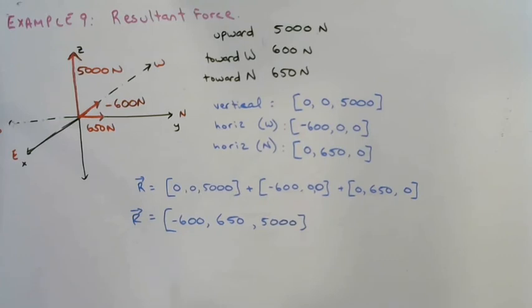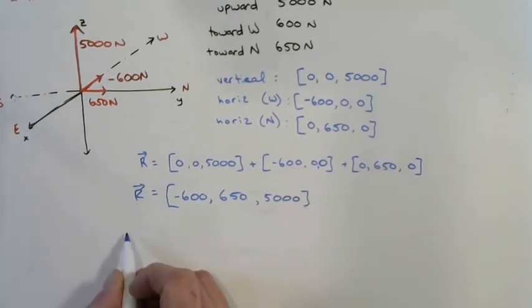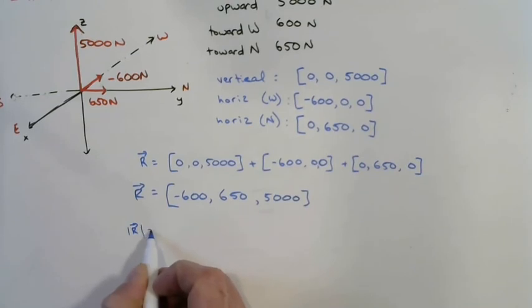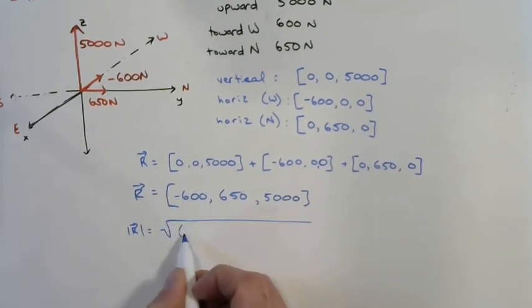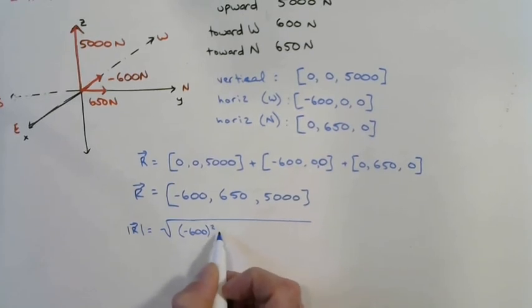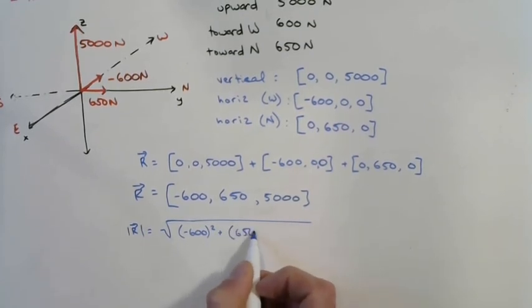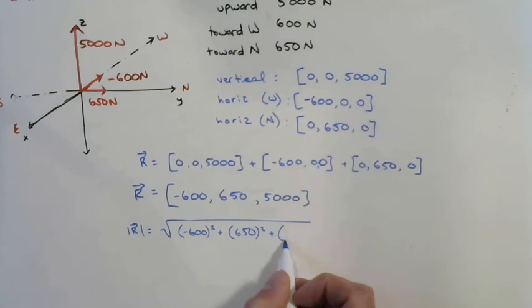Now, what I need is the magnitude of the resultant force. So this is the direction that it's going in. And now the magnitude of it. Well, again, the magnitude is simply the square root of a squared plus b squared plus c squared.